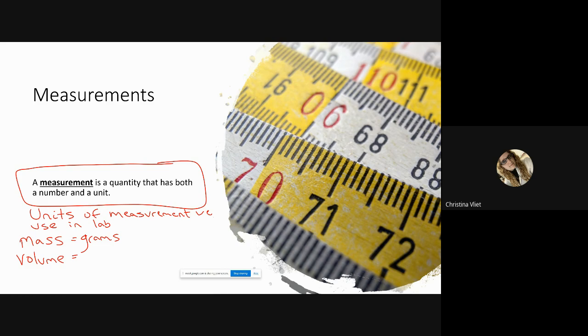Milliliters. Milliliters, or the equivalent to milliliters in international units is actually centimeters cubed. Milliliters and centimeters cubed are the same unit. Milliliters is what's printed on all American devices, so that's what you'll see in a lab, but it actually is the same as centimeters cubed.